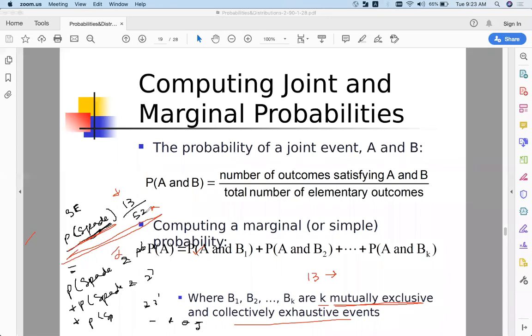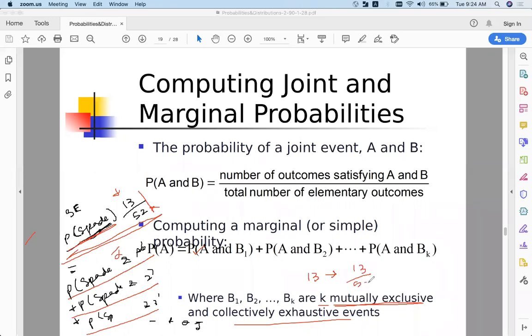Now what in simple terms they are explaining is, this probability which is 13 by 52, you can also find as probability of spade and ace, plus probability of spade and number 2, plus probability of spade and number 3. So 13 by 52, your simple event probability, is on the left hand side.